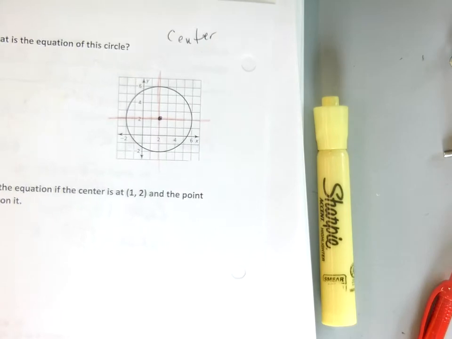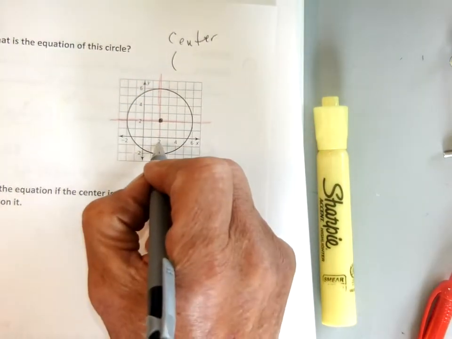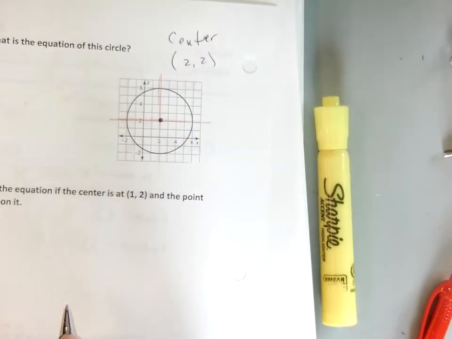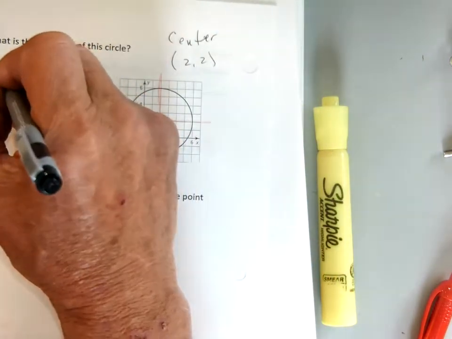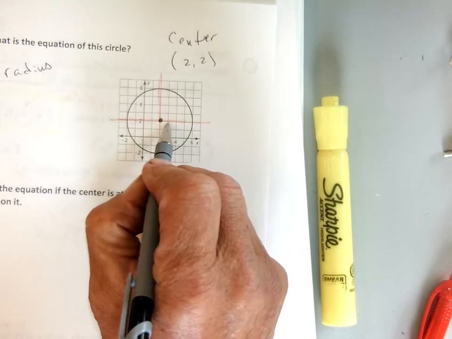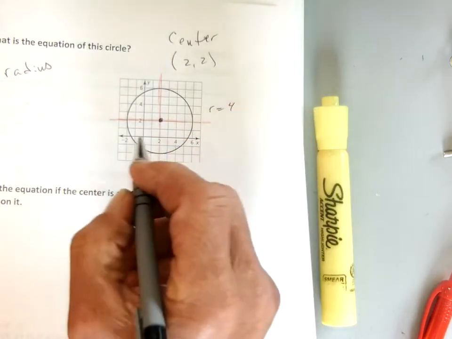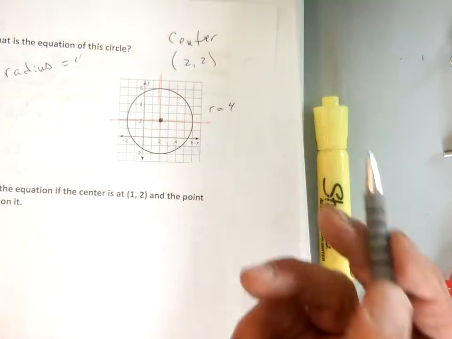Agree? So my center is at 2, 2. And I can even get my radius because I can just count my radius. 1, 2, 3, 4. Just counted. 1, 2, 3, 4. So my radius is 4.